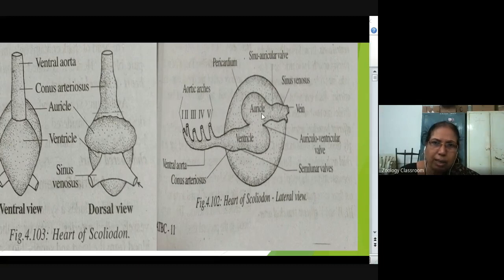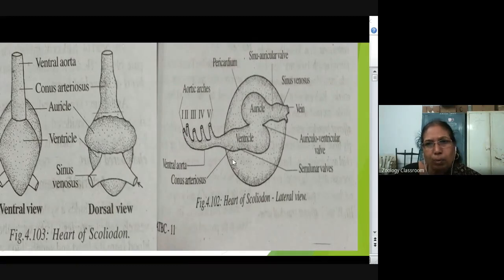In dogfish or Scoliodon, the heart is a venous heart because it collects impure or deoxygenated blood and transfers it through arteries called afferent arteries. These carry it towards the gills for purification. So these are the chambers, in dorsal and ventral views.